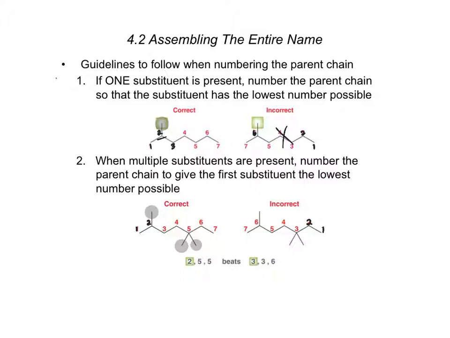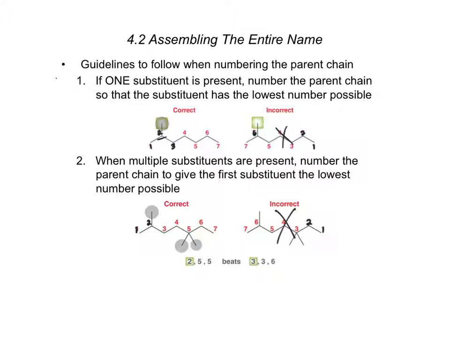If I start this way, my first substituent gets what number? 2, right? If I start numbering it this way, my first substituent gets what number? 3. This guy trumps this guy because we want that first substituent to have the lowest number possible. So we would start numbering it at this position. This would be incorrect. Okay?